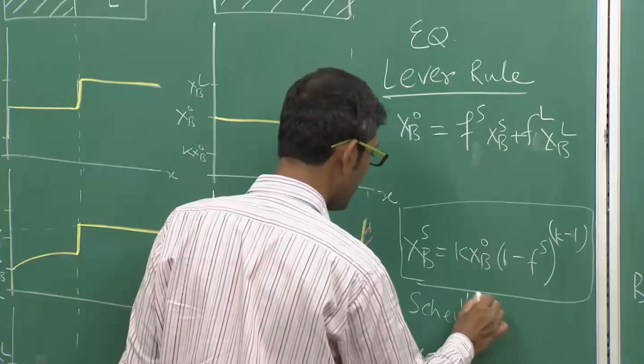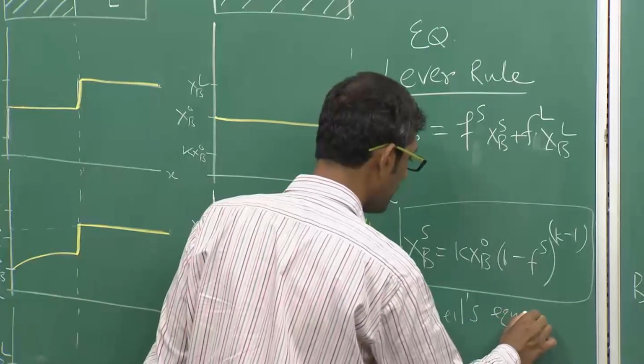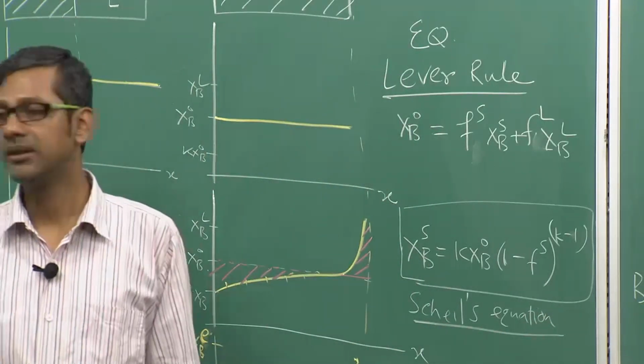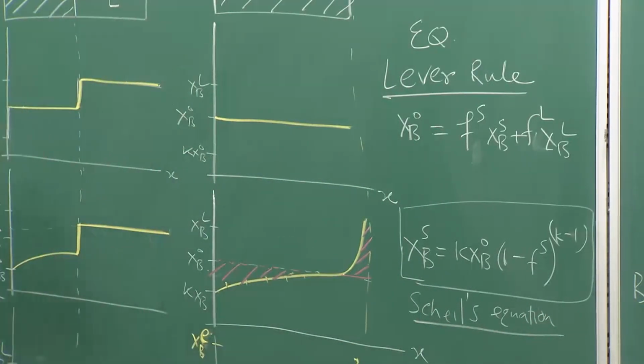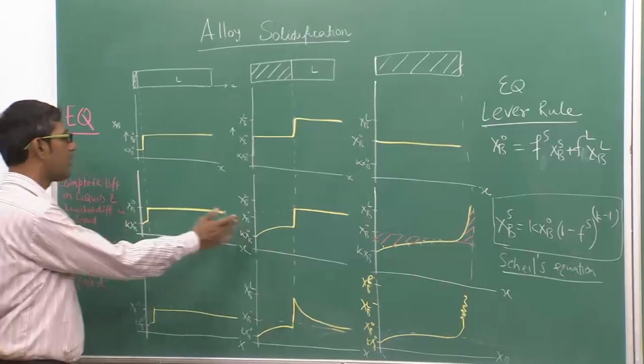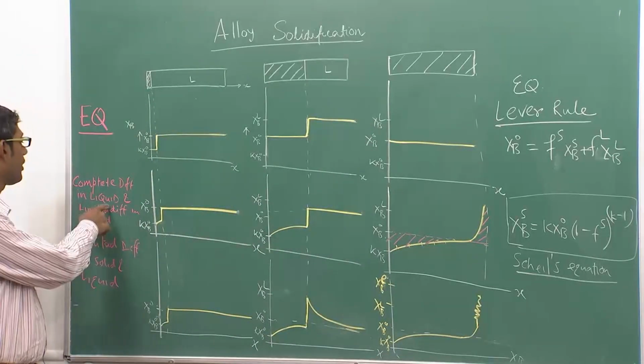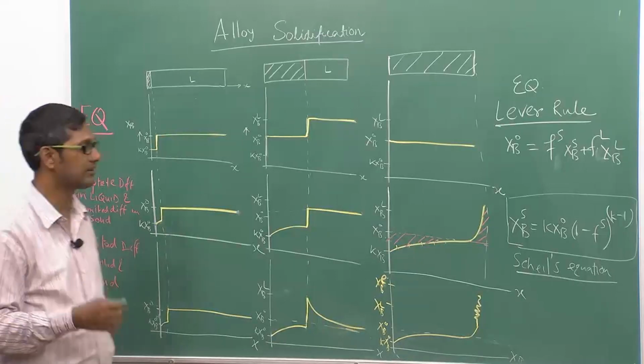Many people say Scheil's equation. Is it clear? This is very easy actually, anybody can do. The only thing we are doing is the solute balance, both in the solid and in the liquid. Because of the limited diffusion in the solid, we need to take care of this balance.